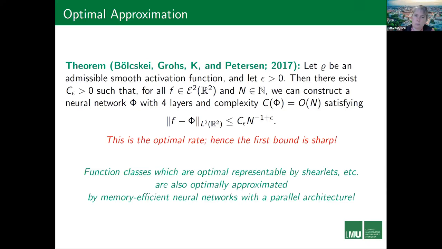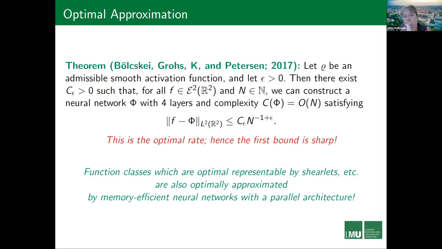And so basically what one can show this way, this is now for shearlets, but one can also use other types of classes of functions and other representation systems. So this is a very flexible procedure to transfer results from approximation theory to the network world.